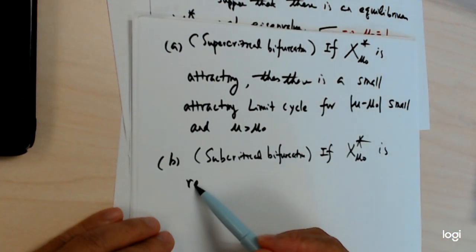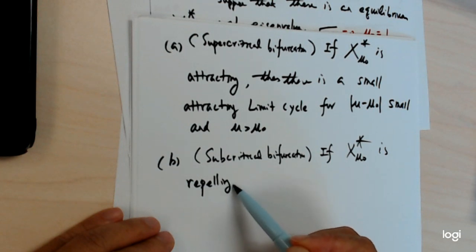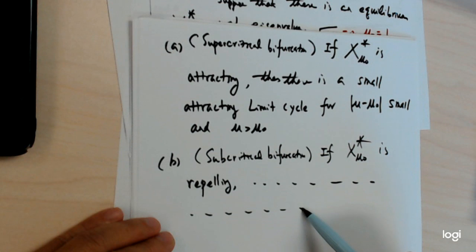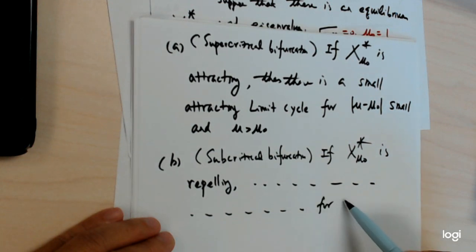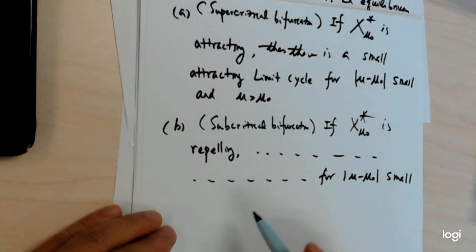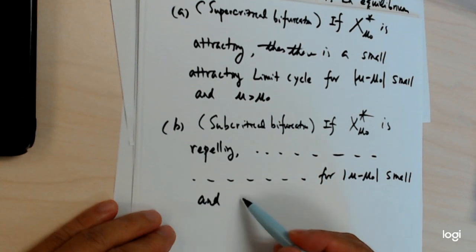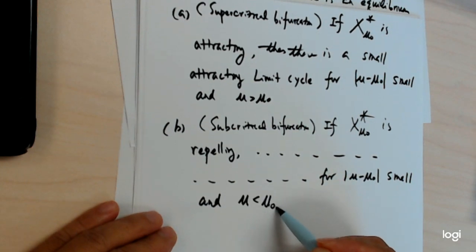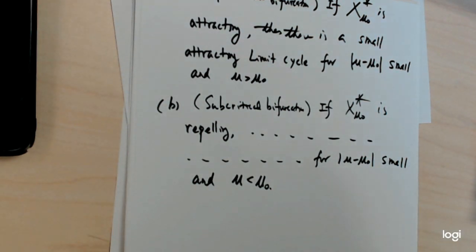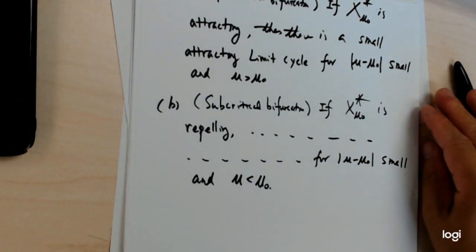If this is repelling, then there is a small attracting limit cycle when mu is close to mu naught, and on the other side of mu naught, when mu is less than mu naught. All right.